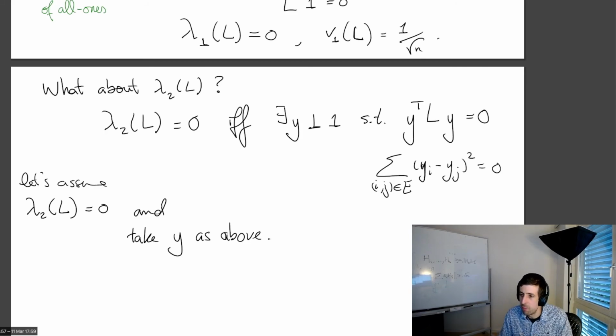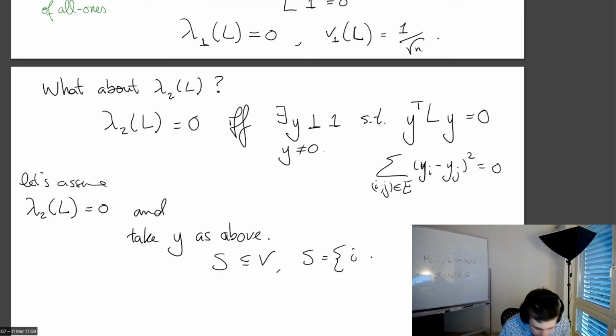For sure, y needs to have positive and negative entries, because y is orthogonal to 1, so it needs to have both. It can't be 0, of course. I guess it's important that y cannot be 0, otherwise this is vacuous. Now let's take a set S, a subset of the nodes, defined as the set of nodes i in V such that yi is positive.